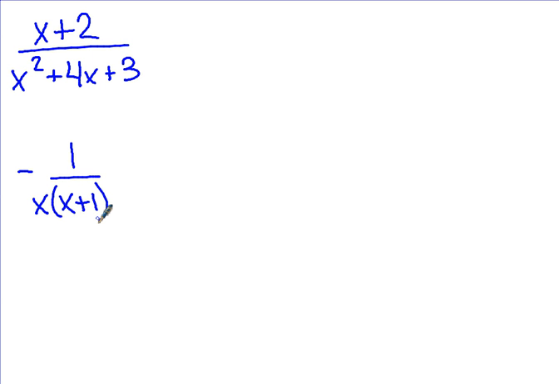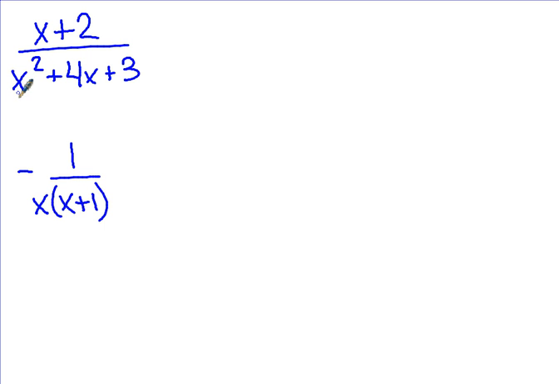All right, now the first thing that we want to do in these problems is to find a common denominator. If you look at the last problem we did, in order to find the common denominator, we multiplied all of the denominators together. If you look at this problem, and we were to multiply all of the denominators together, we would end up with a huge denominator. So what we want to do is break down any of these denominators or simplify them or factor them if at all possible.